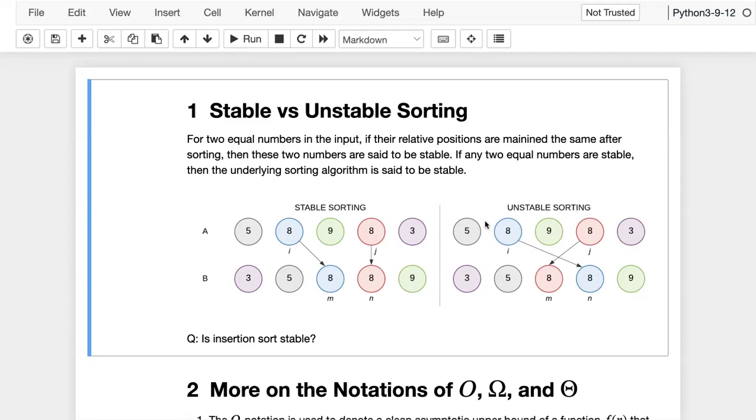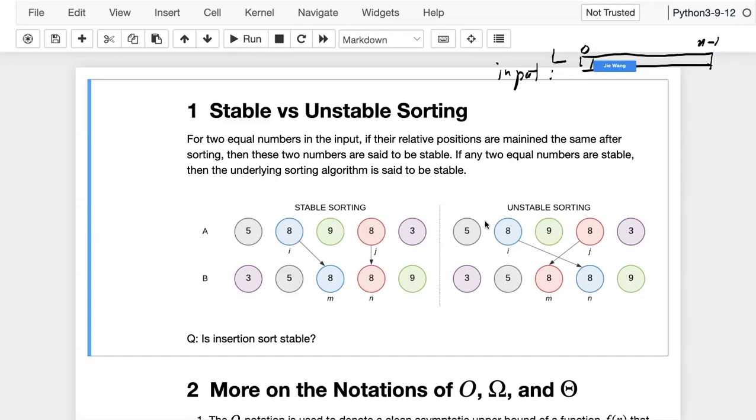For sorting algorithms, when we say a sorting algorithm is stable, it really means to look at two items with the same value. For instance, let's say my input is a list. Let's call it L, and this is from 0 to n minus 1.